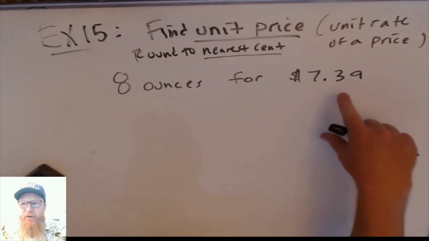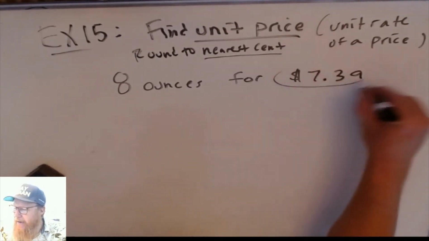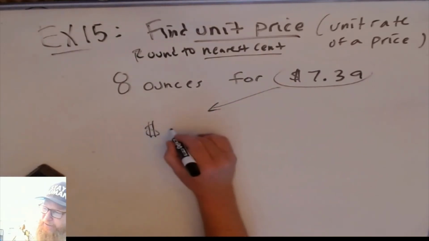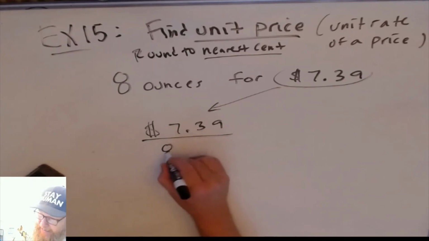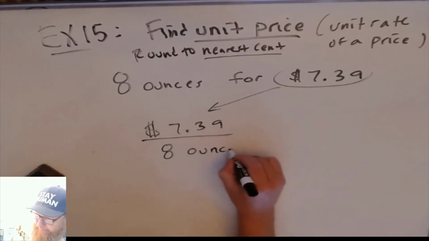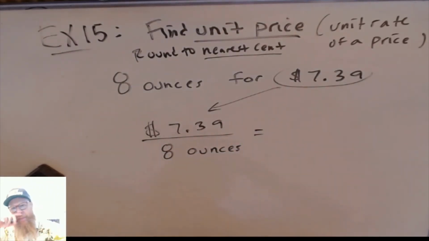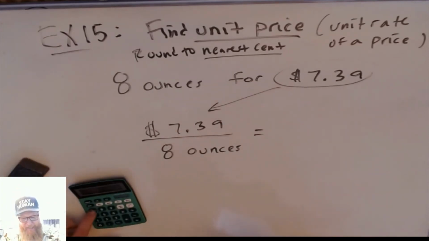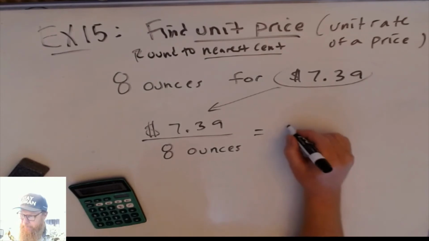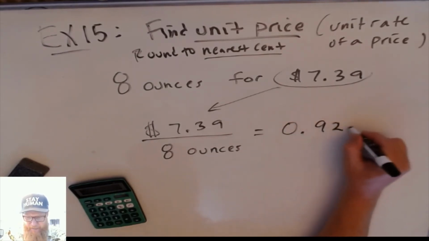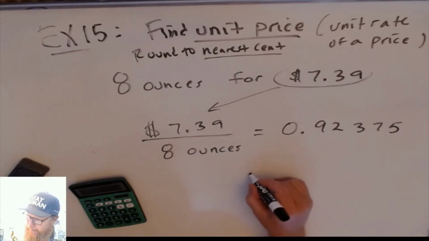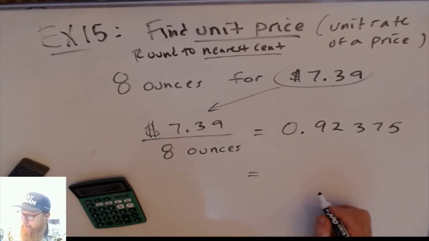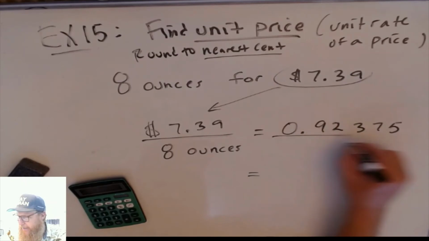Okay, so the unit price, again, you always have to put the price in the numerator. Always. Otherwise, it's not a price. So $7.39 divided by 8 is 0.92375. Again, technically it's over 1.